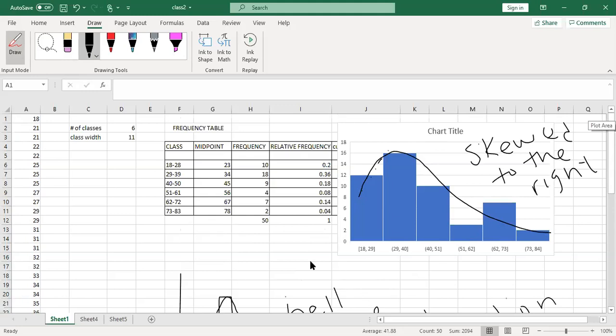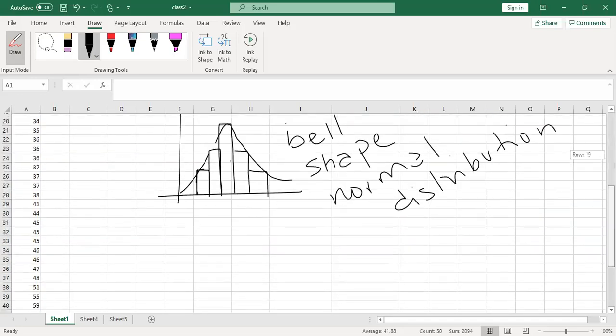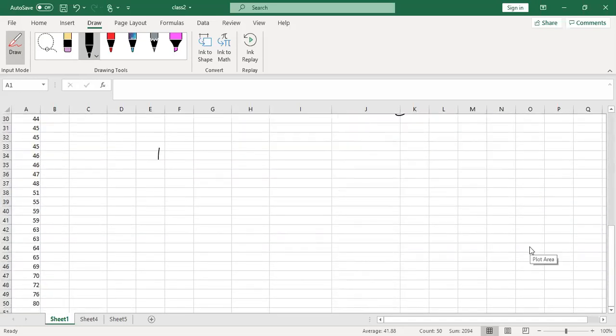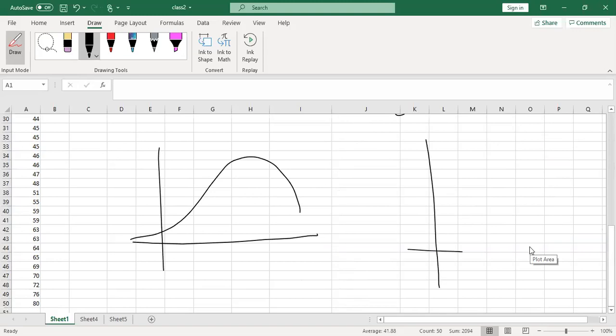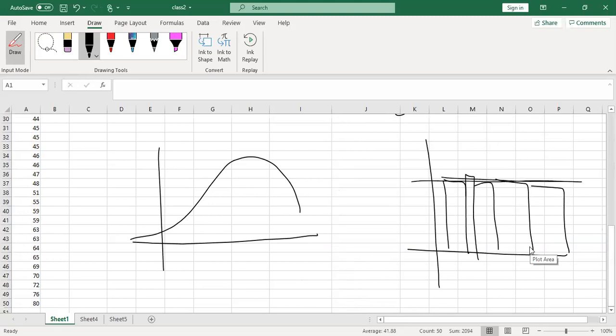Sometimes they are skewed to the left. Something like this. The tail is on the left side. Or sometimes they look kind of constant. Like this, and this, and this, and this, then kind of constant here.